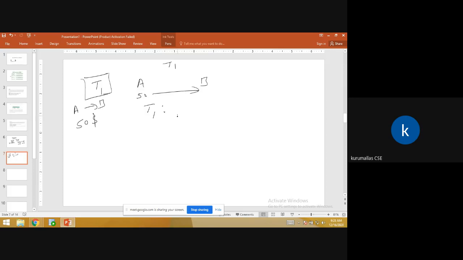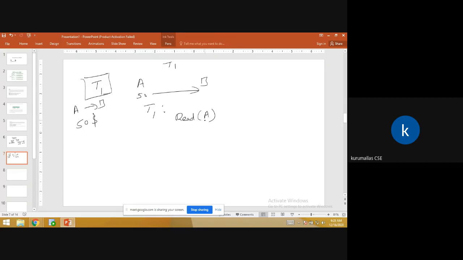T1: we have to read what is the data inside data item A, or account A. Before debiting the data from account A, we have to read whether it really has any amount.